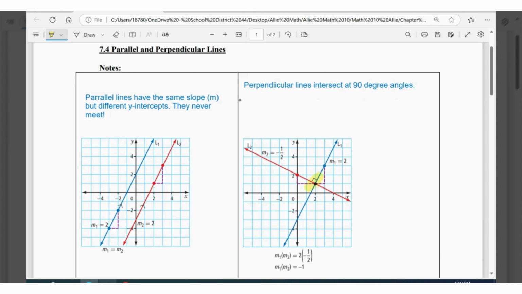Let me highlight that part. So it's not just that they intersect at some point. They don't just kind of cross like that. We are looking for 90-degree angles where they intersect like this. So all of these would be 90-degree angles. And let's see what else. So that's one thing.